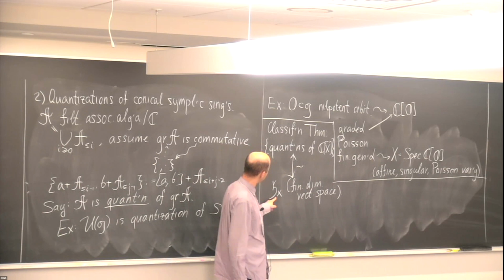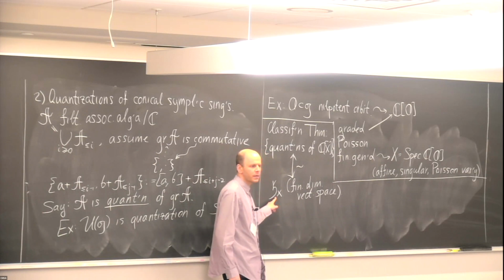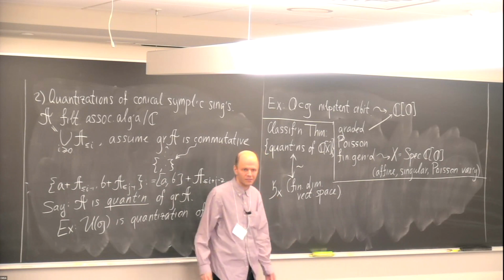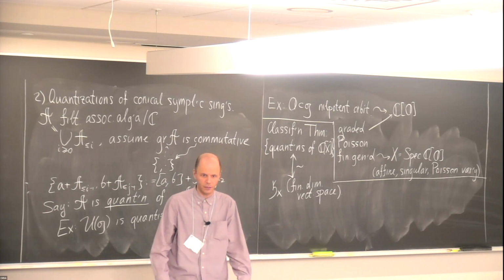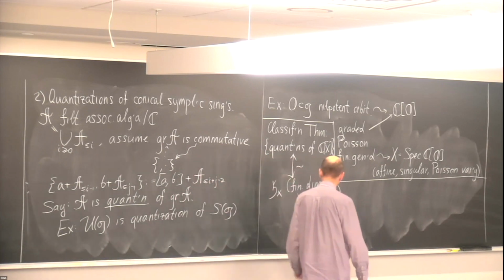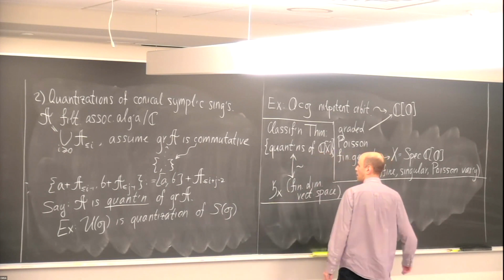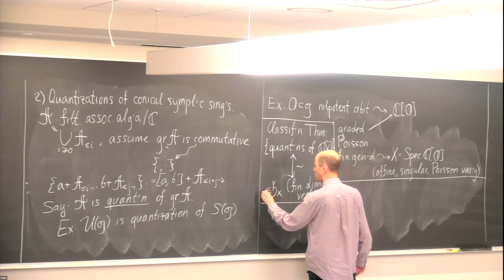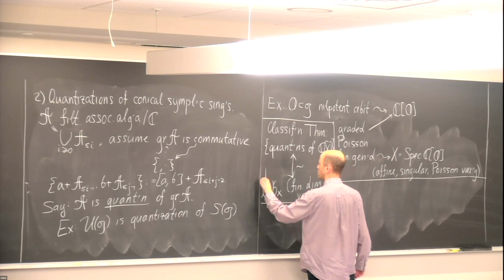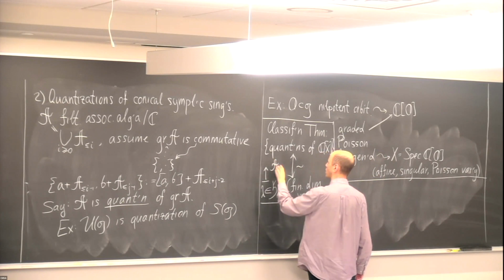That's a lie because most naturally this space arises as a quotient of a vector space by a reflection group. Of course, when you mod out by a reflection group, you still have the same variety. So it's only a slight lie. We'll see it in an example. And let me introduce notation for a parameter lambda. The corresponding quantization will be called A sub lambda.